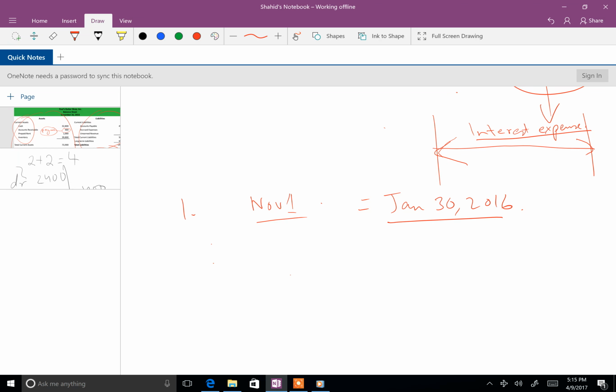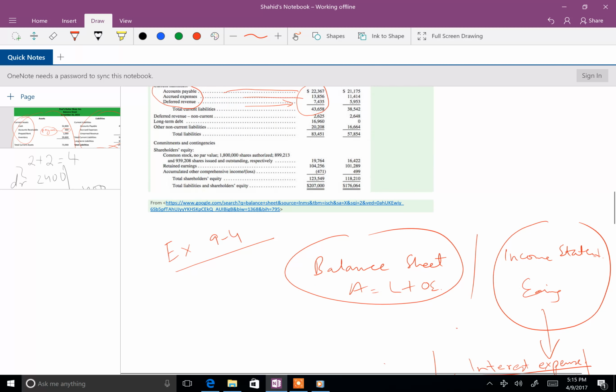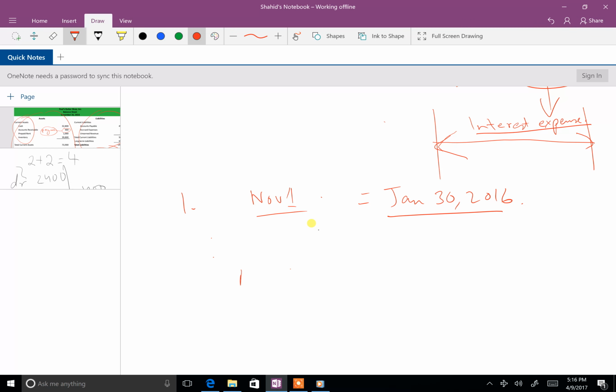The second question is how much interest expense results from this note in 2015. So remember, you borrow on November 1st. From November 1st to December 31st, you have this time, and you borrowed this $200,000 during this time, right?